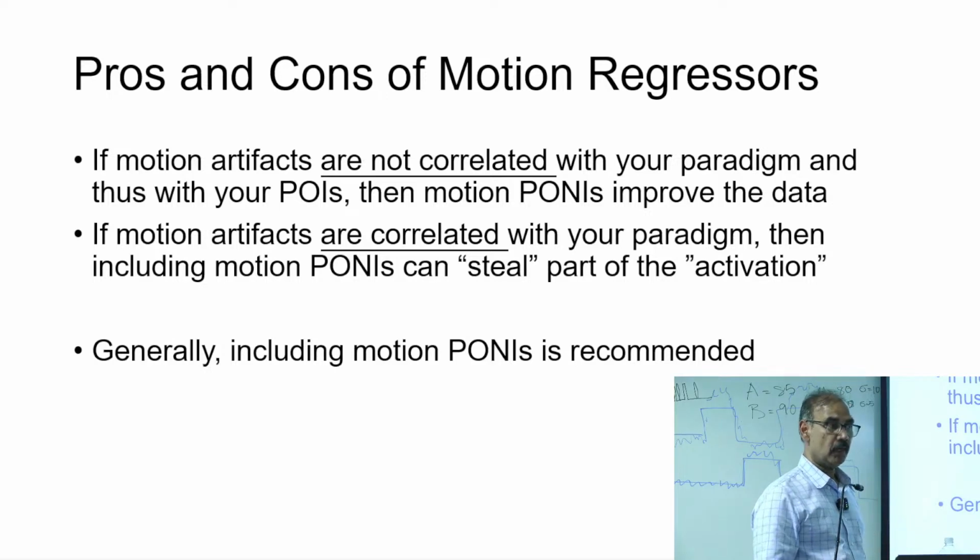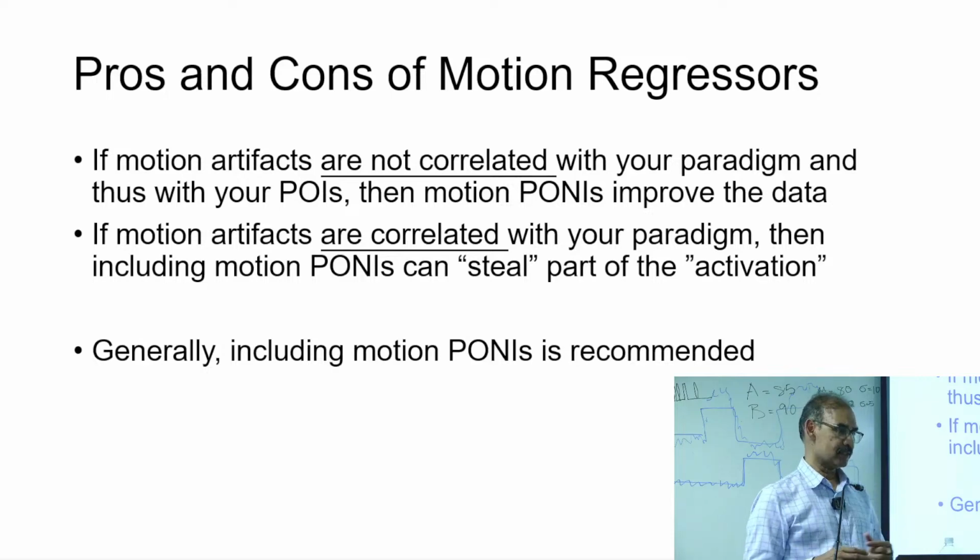However, as I was mentioning yesterday, if you gave the task and the task condition was such that the head motion happened because of the task, then you are in trouble, right? Because then separating the head motion from your activation is not going to be easy, right?